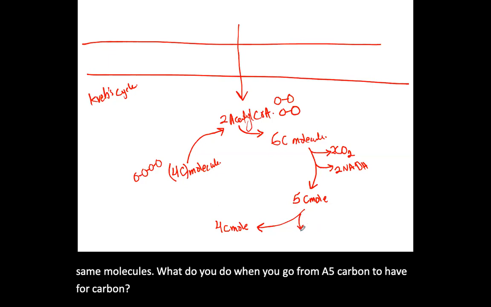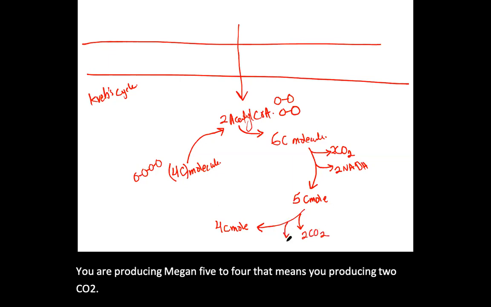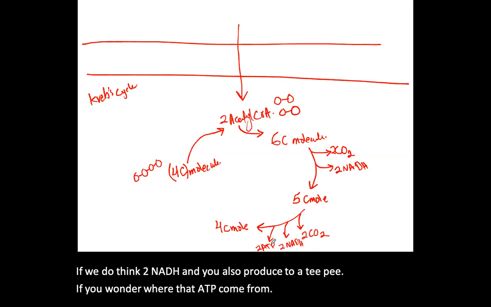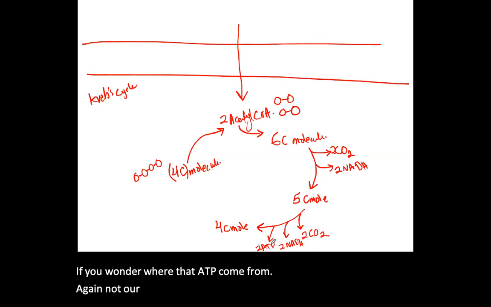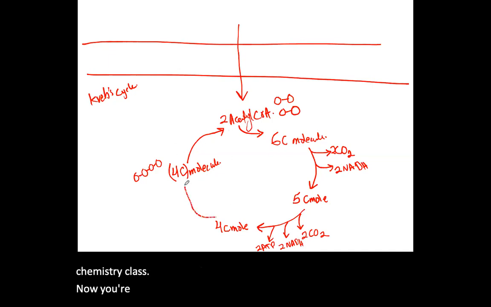That means you're producing 2 CO2s, 2 NADH, and you also produce 2 ATP. If you wonder where that ATP comes from, again, not our focus. You're welcome to review this in a biochemistry class. Now, you're going to go from a 4 carbon molecule to a different 4 carbon molecule.